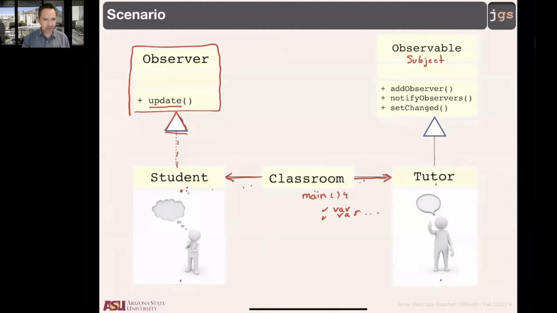They changed the name. It's the same goal, the same functionality, but instead of Subject it is Observable. In Java, if you want to implement the Observer pattern, you have Observer and Observable instead of Observer and Subject. The class that is going to be the observer implements Observer. The class that is going to be observed, the subject, is going to inherit from Observable.